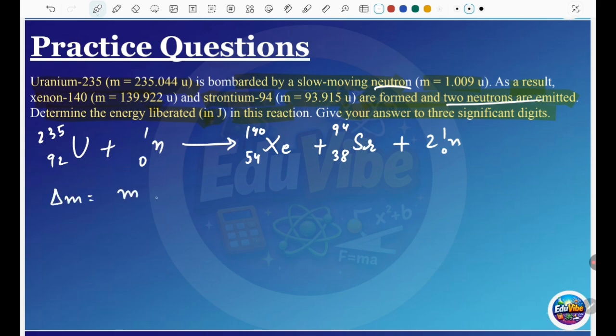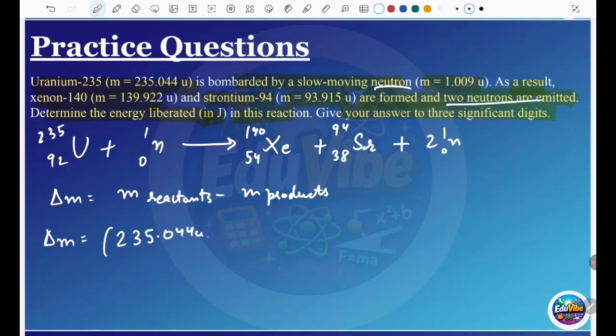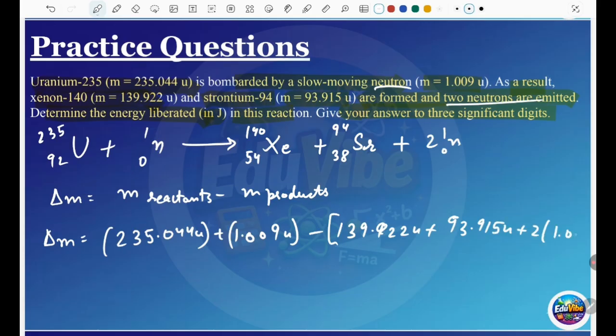For this type of question, you take the mass of reactants minus the mass of the products, and all the masses are given to you. On the reactant side, we have uranium, whose mass is 235.044 U, plus a neutron, 1.009 U, minus the products' mass, which is 139.922 U plus 93.915 U plus 2 times 1.009 U, which are the 2 neutrons. When you calculate this, you get about 0.198 U.